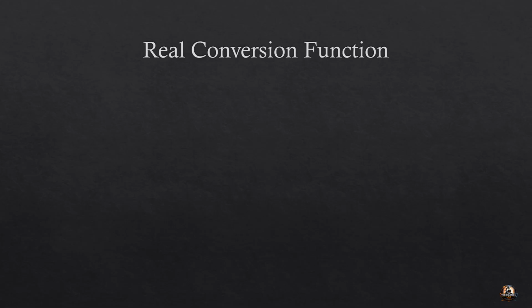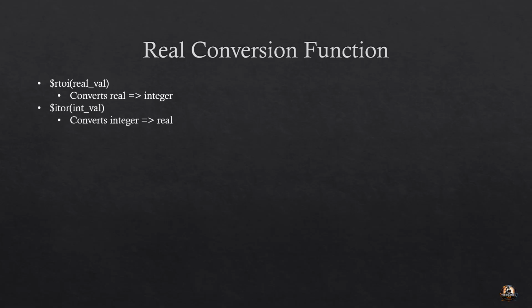SystemVerilog provides conversion functions. So the first conversion function is $rtoi. R stands for real to integer. So if we give any real value, it converts the real value to an integer. For each of these I am explaining only the theory. Practical I will be explaining in EDA Playground in the upcoming session. $itor, it is the reverse.